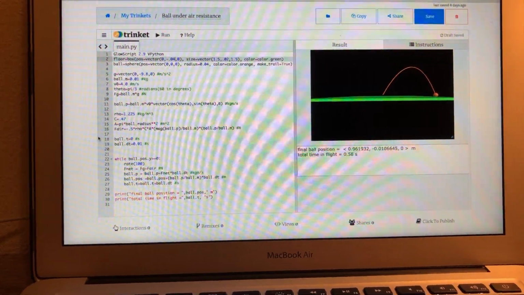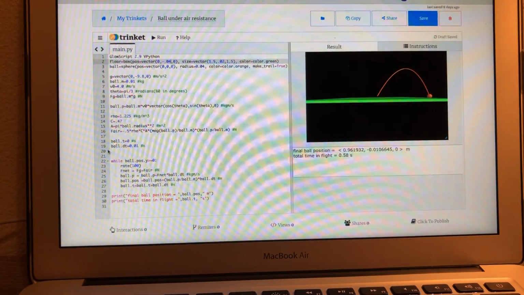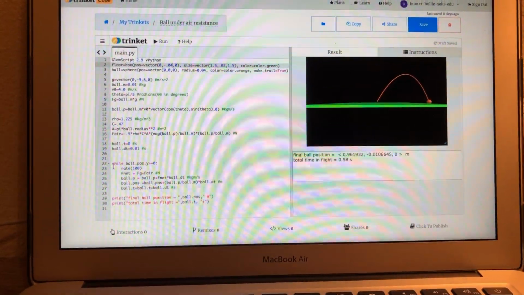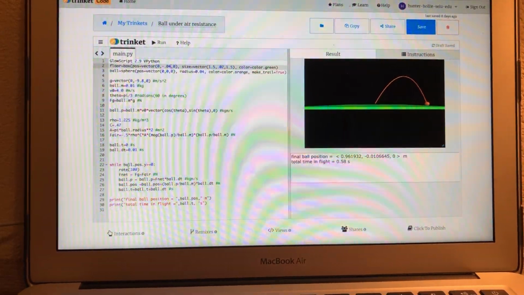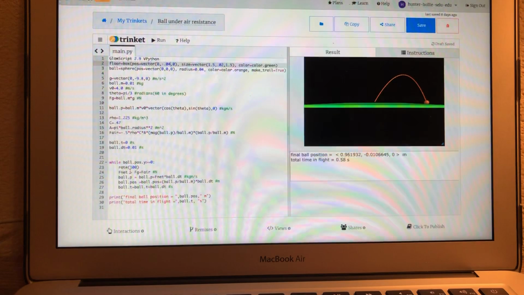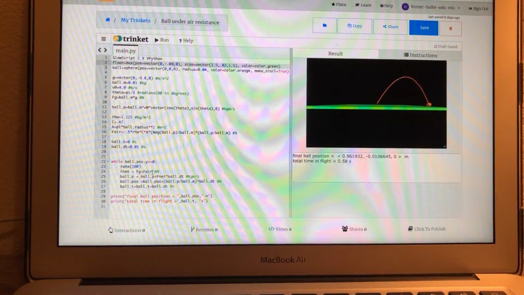And then for the initial time, I put 0, and the time step is going to be 0.01 seconds. That way we do a lot of calculations. And then I told it to do a rate of 100, and then the net force is going to be the gravitational force plus the negative air resistance force.